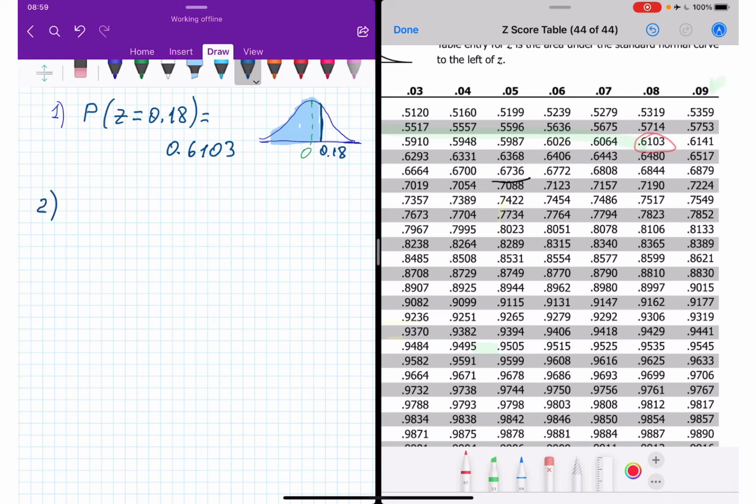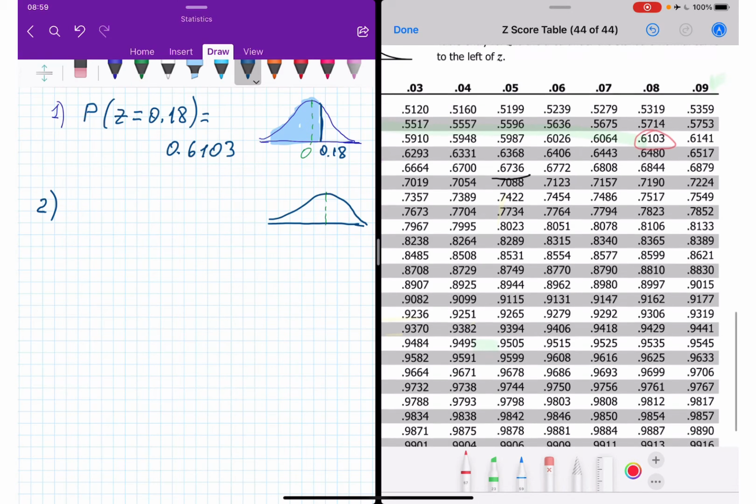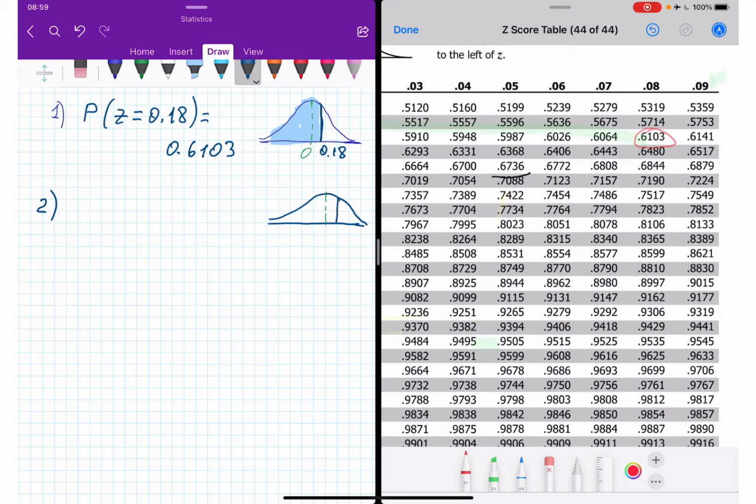Question number 2. Now again, we need to find the shaded area. What do we have here? 0.51. So if this is our mean right here, 51, it's going to be a little bit here. And we need to find the area to the right.